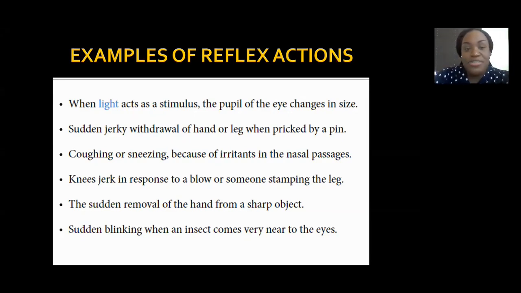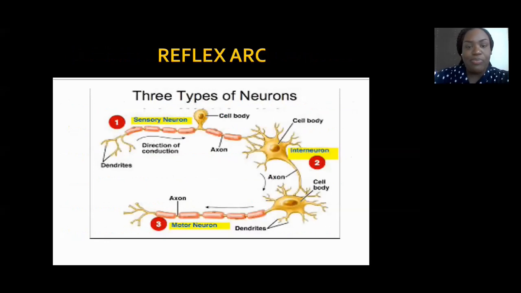Now, what is interesting, what we're going to learn, is how all of this happens automatically. And it happens automatically in the reflex arc. Remember, the reflex arc is the pathway of which these electrical impulses will travel to give us a response.